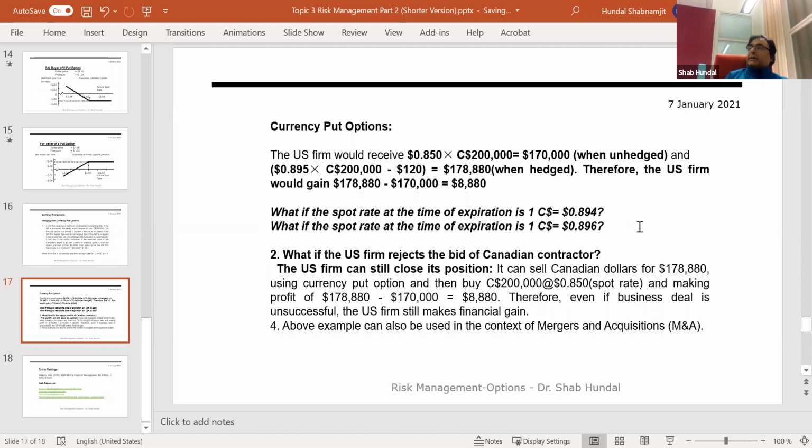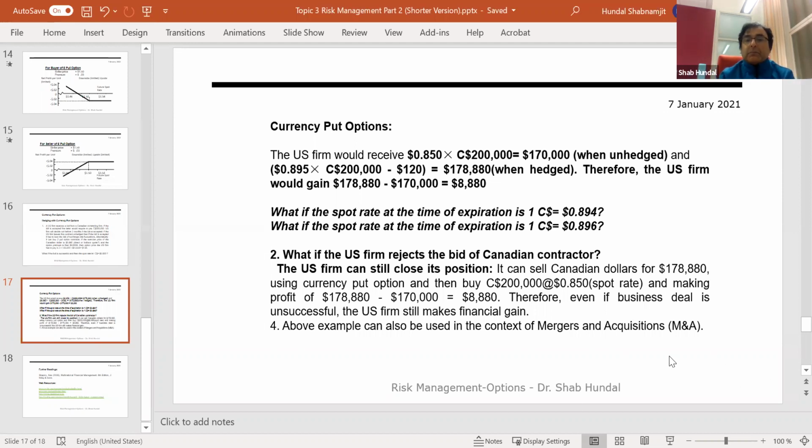But remember that the criteria of in the money, at the money, and out of the money is different for the call option and for the put option. In the call option, you buy the right to buy something, but no obligation. In the put option, you buy the right to sell something, but no obligation. So therefore, the understanding should be totally different.